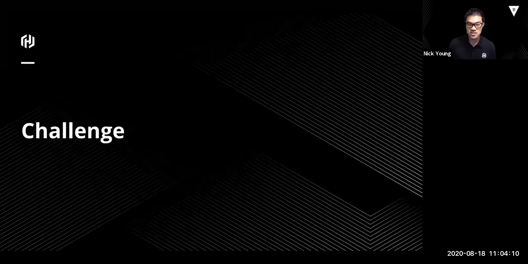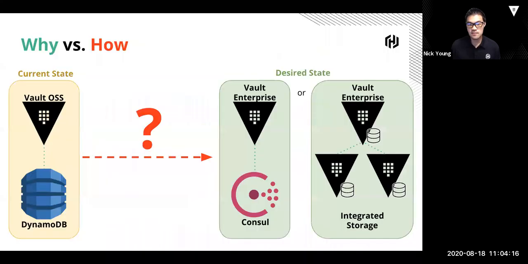And really the challenge is something that I've observed in my 9 months of being a HashiCorp SC, namely that in general, when prospects or Vault practitioners are looking to take advantage of some of the features HashiCorp has engineered in the enterprise versions, what I notice is the why is very well defined. We need disaster recovery for our Vault cluster. It's business critical.